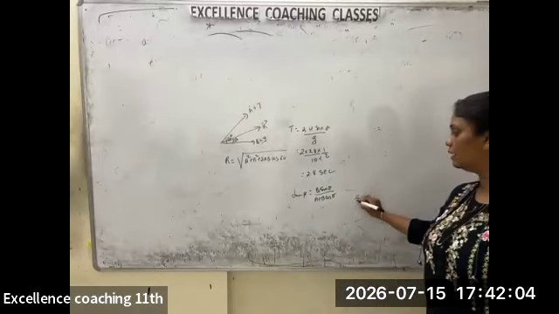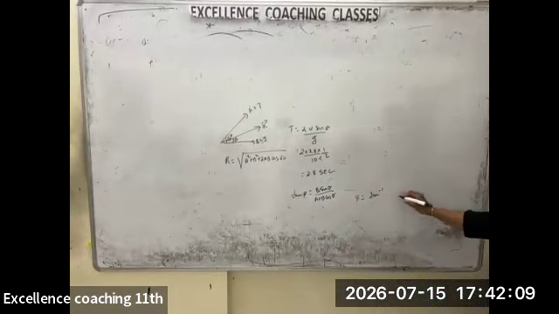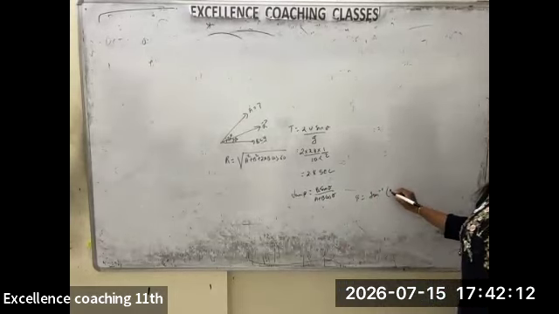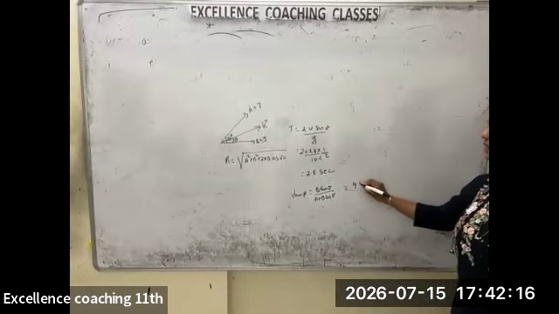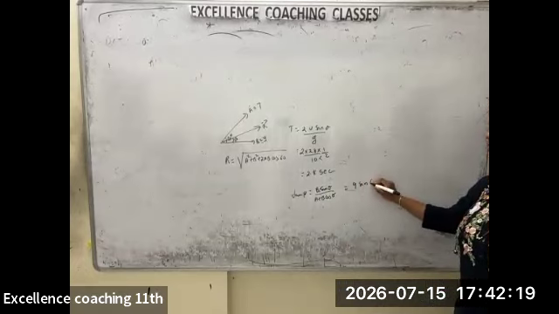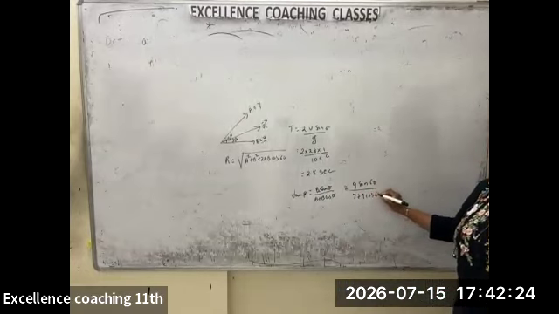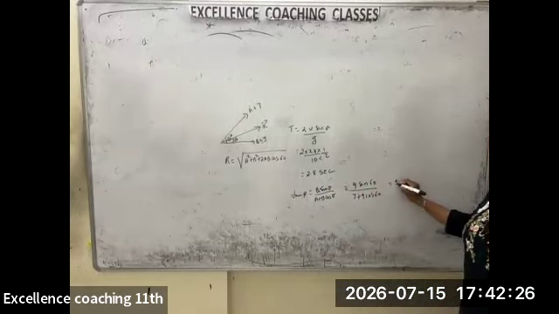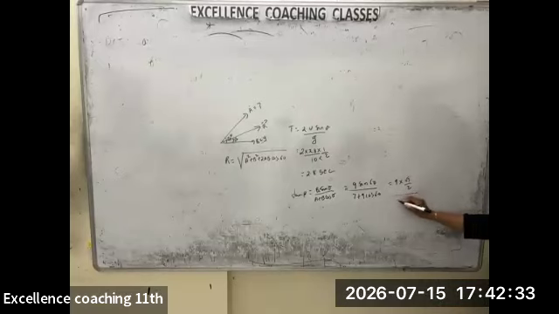What answer are you getting for beta? Tan inverse of 9. No, 9 root 3 you have to solve. So this will be 9 sine 60 upon 7 plus 9 cos 60. 9 sine 60 is root 3 by 2 upon 7 plus 9 cos 60 is half.